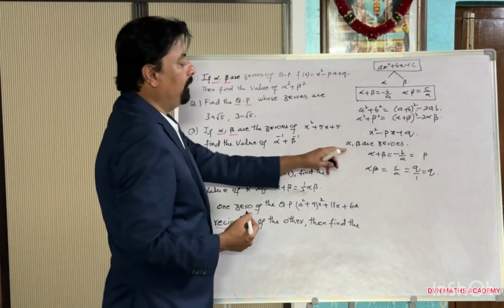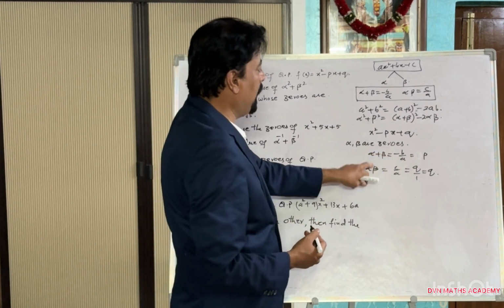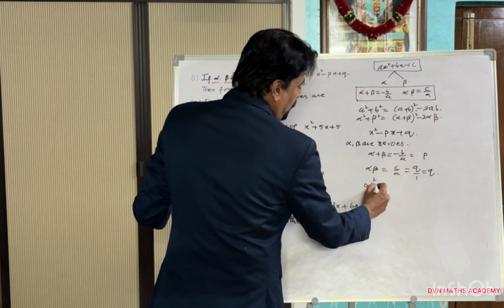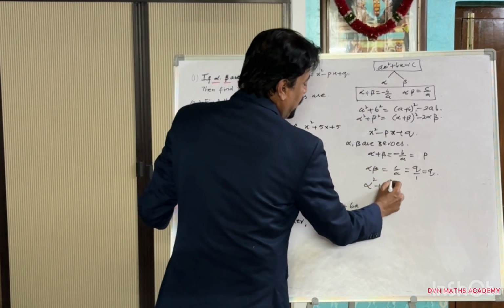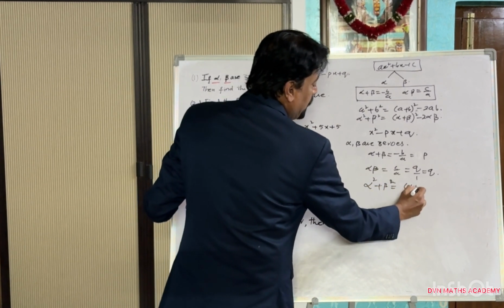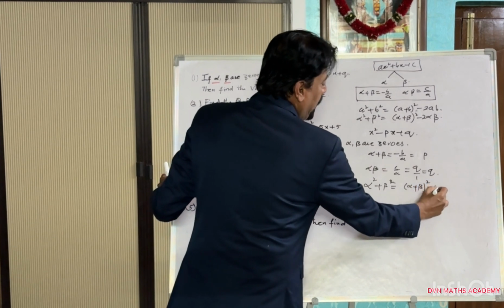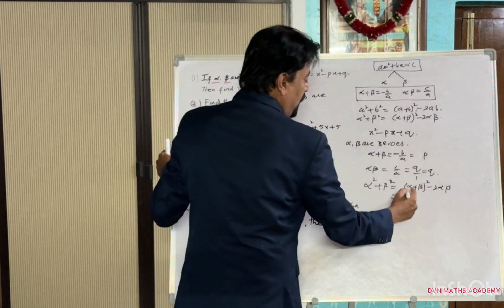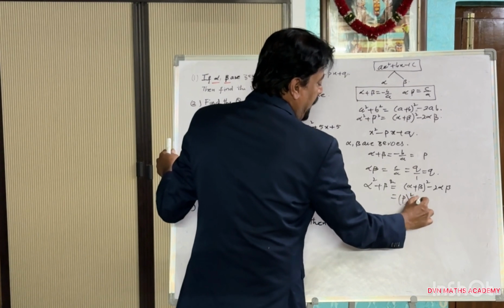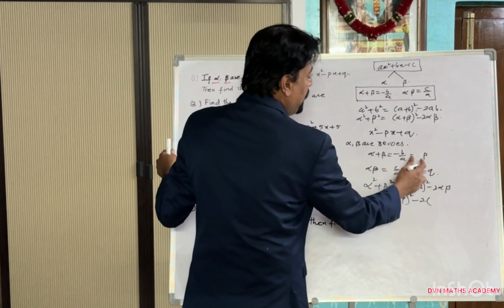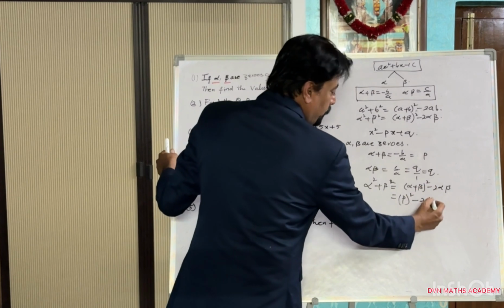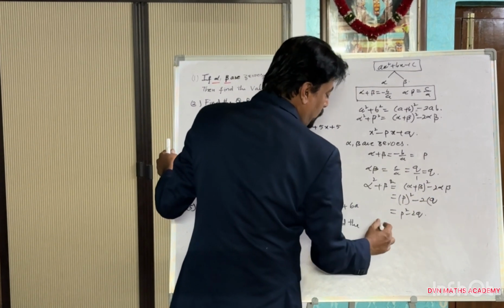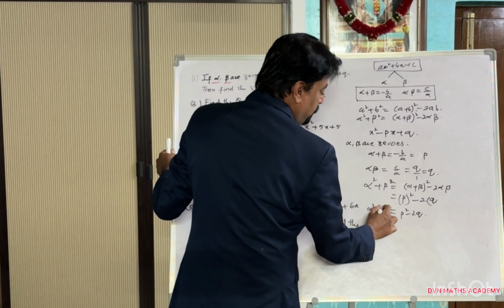So I know the values of alpha plus beta and alpha beta. To find alpha square plus beta square, my formula is alpha plus beta whole square minus 2 alpha beta. Alpha plus beta is p, so p square minus 2 into alpha beta. Alpha beta is q. So the value is p square minus 2q.